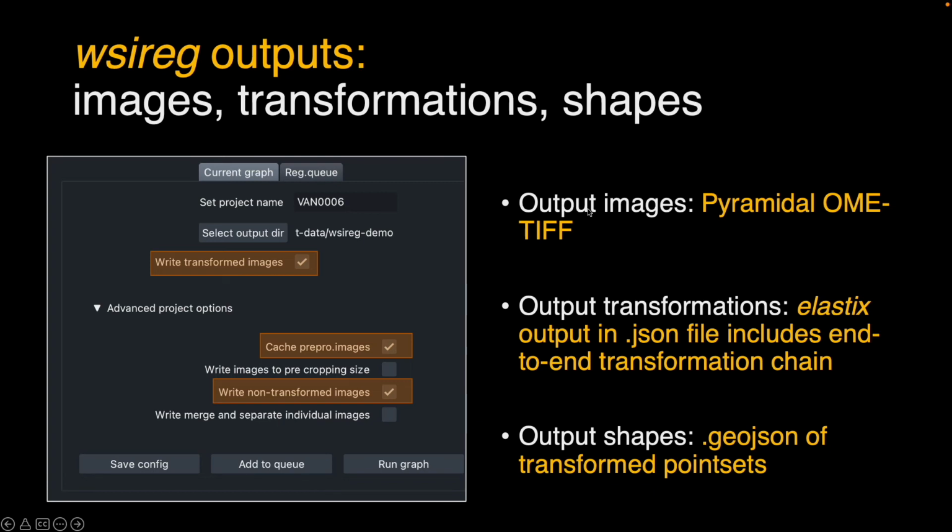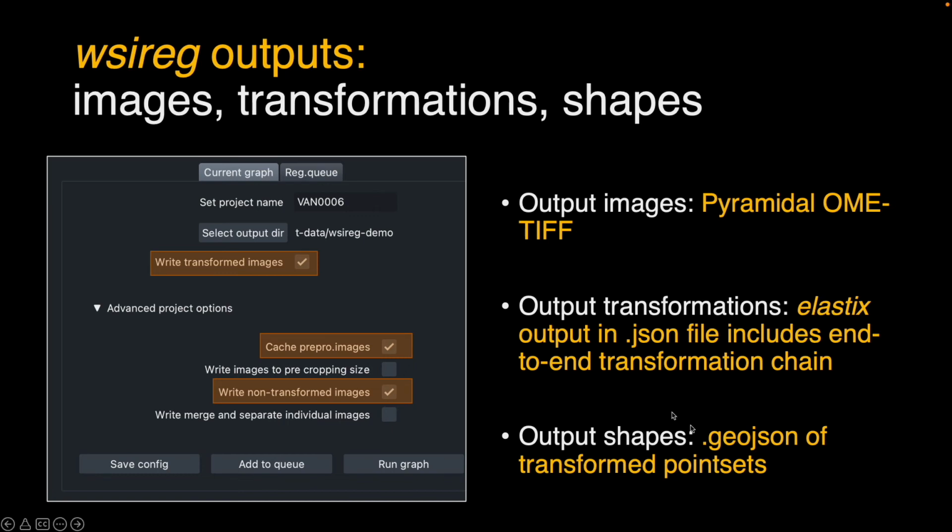Any output image right now created by wsireg is output as a pyramidal OME TIFF. Output transformations are a custom elastix output that's stored in a JSON file, and includes the end-to-end transformation chain.